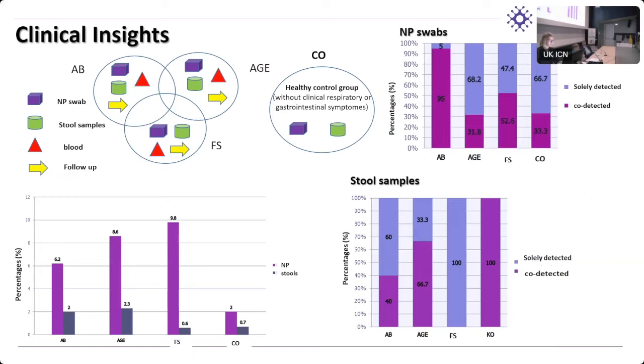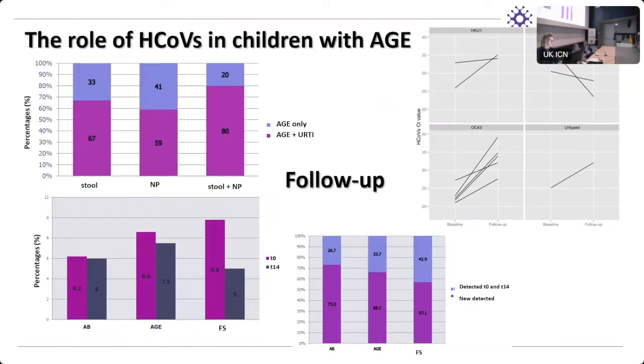So it's a little bit complex to explain. Also because children with gastroenteritis first of all had more virus detected in nasopharyngeal swabs than in stool samples, and on the other hand had fewer co-infections than children with acute bronchiolitis. This is a little bit controversial.